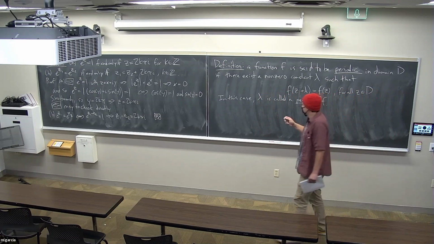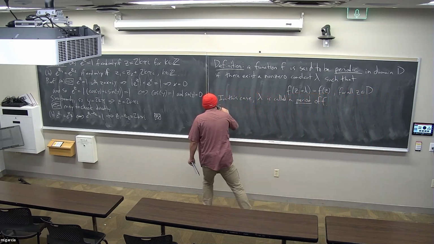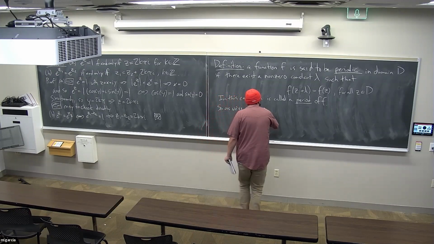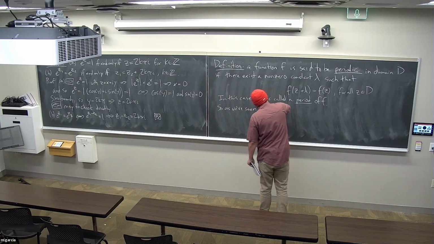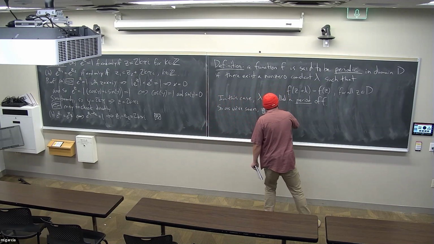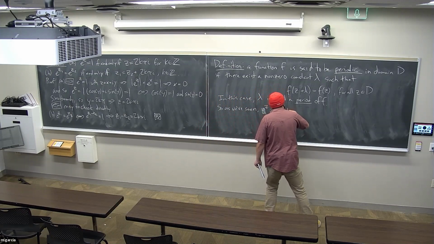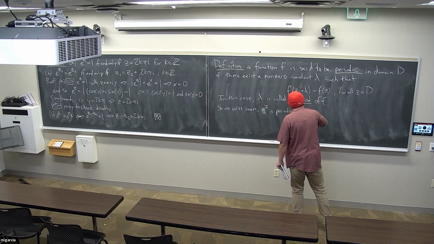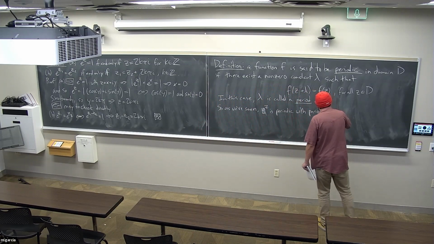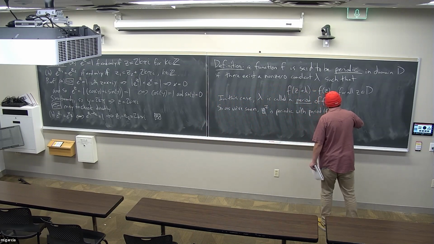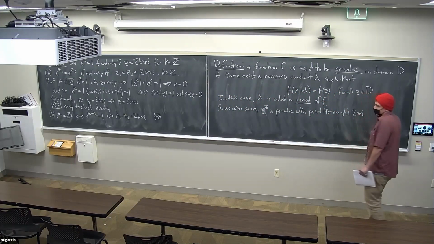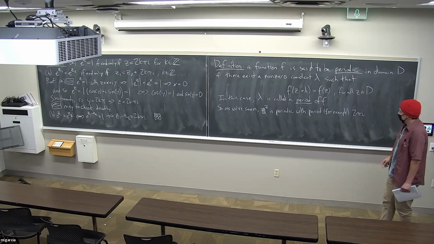Okay? So as we've seen, e to the z, sorry, that looks kind of like a weird I. E to the z is periodic with period, and for emphasis I'll say for example, two pi I. Okay?